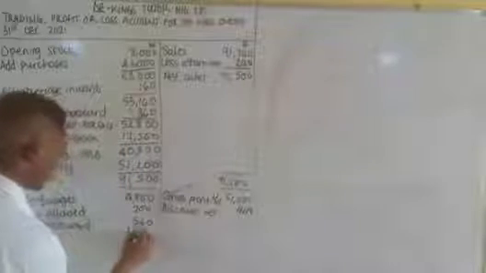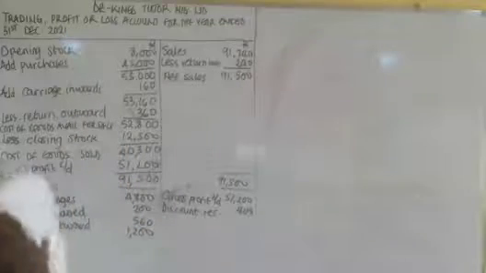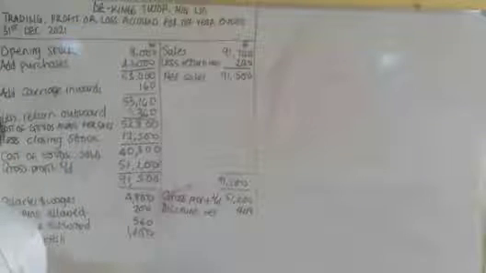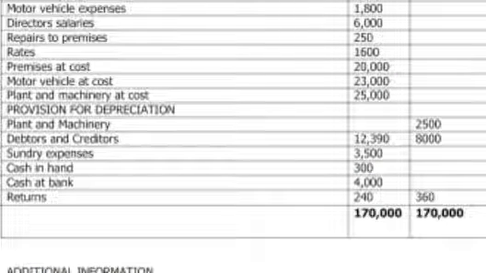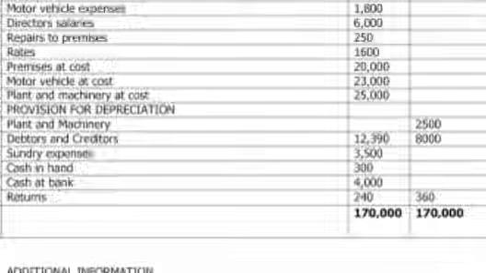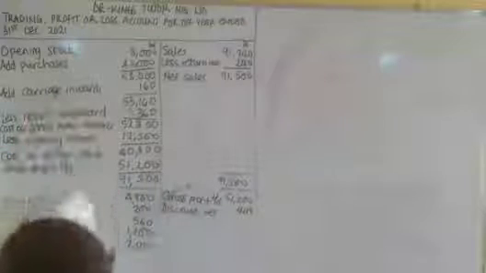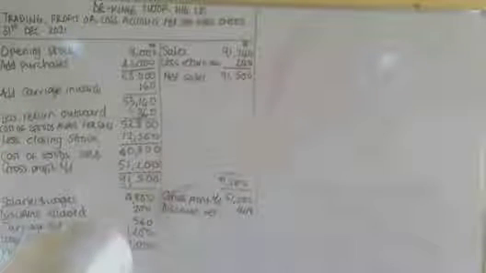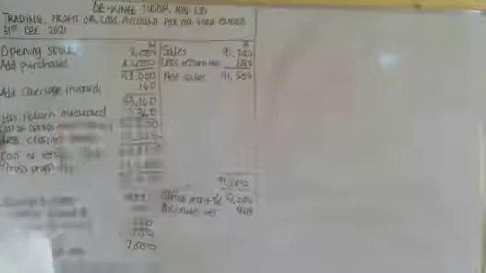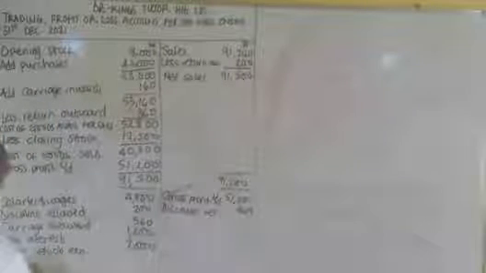So it's 1,200. Okay? The next one is motor vehicle expenses. Not motor vehicle at cost. This is the expenses. Motor vehicle expenses. We did the adjustment. So the adjusted figure is what is coming here: 2,000. The next one you see there is director's salary.